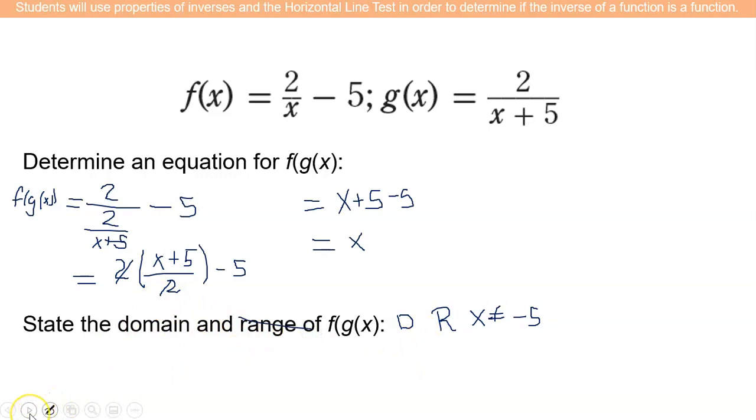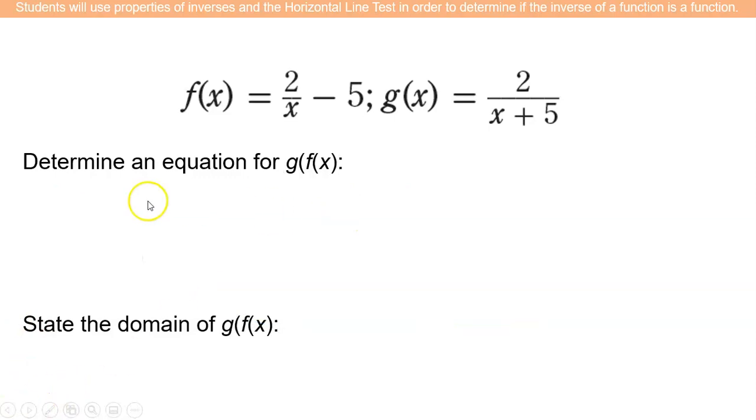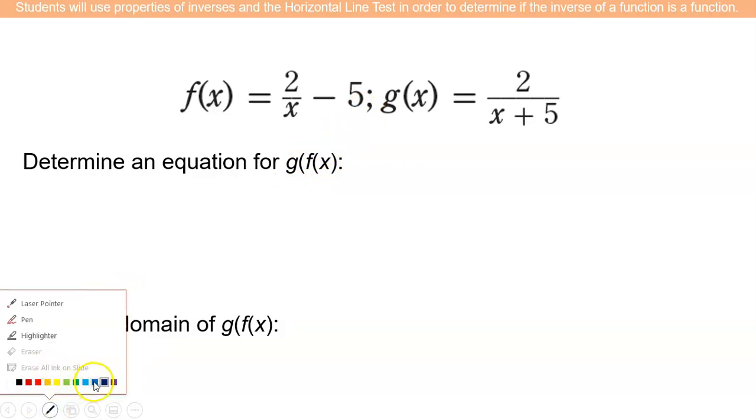So let's take a look at the second half, because now that we know that f of g of x equals x, we have to test the second part to see if in fact these functions are inverses. So now we want to find our g of f of x, which means we're going to take our f function and plug it into our g function.